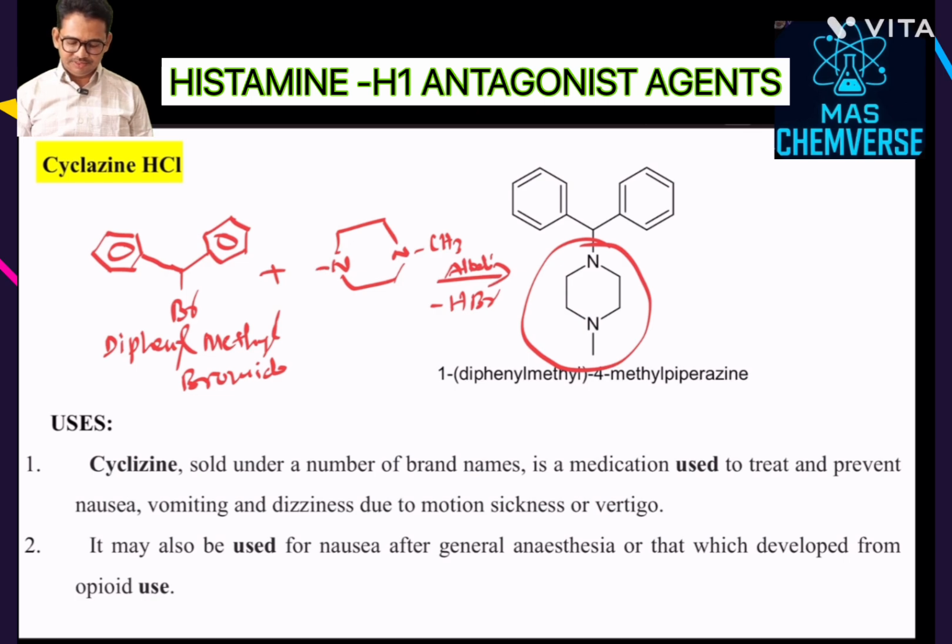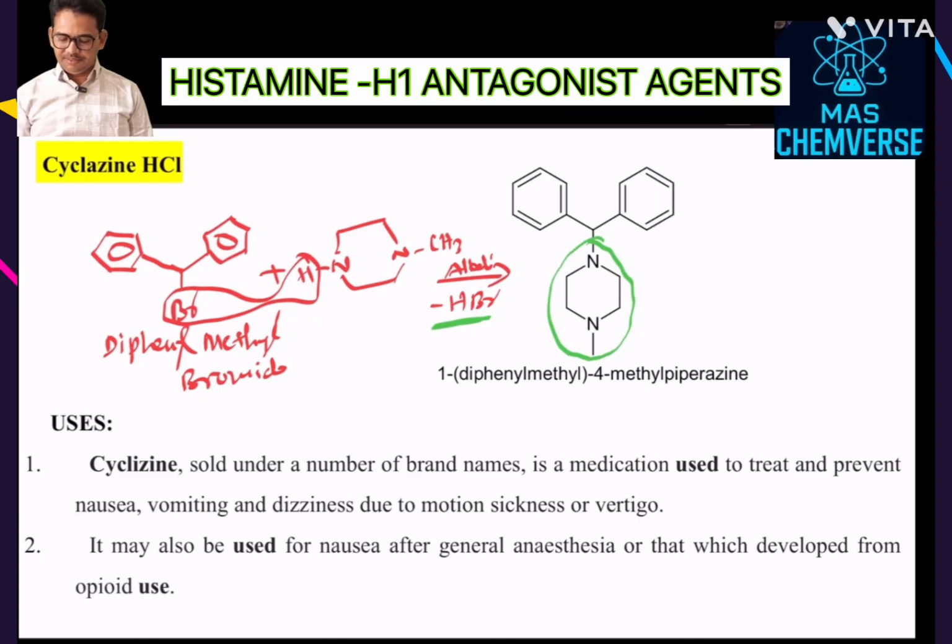This hydrogen combined with this bromine will release HBr to produce this. Here it has the diphenyl methyl attached to methyl piperazine. This is cyclizine. It belongs to the derivatives of piperazine.